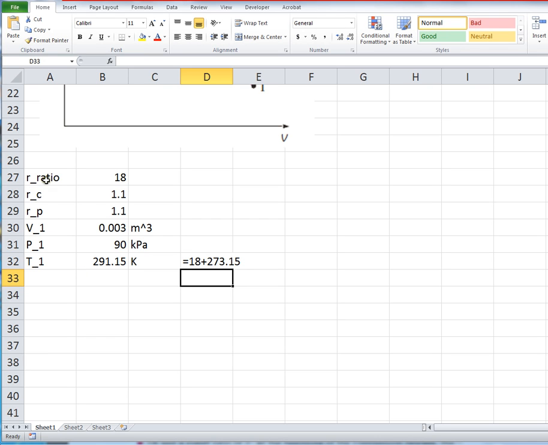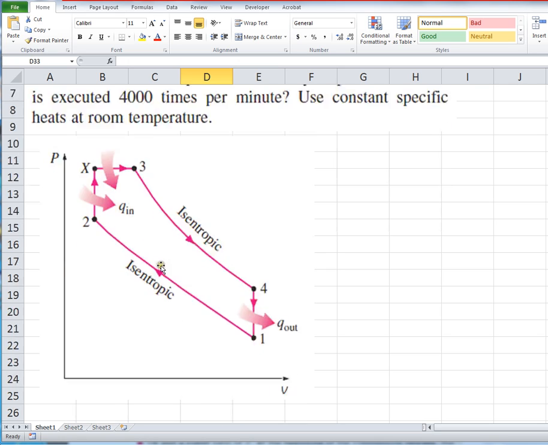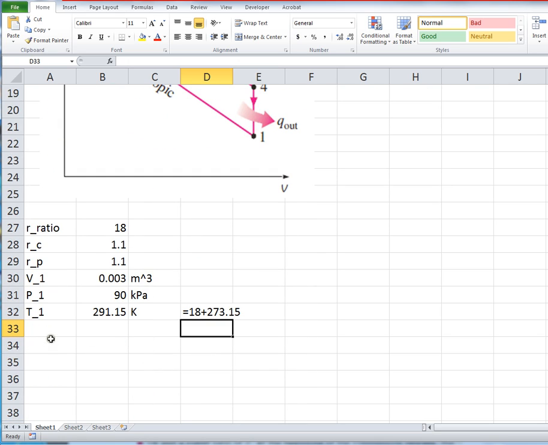Okay, so here's everything that we're given. He wants to know how much power it will produce when it's executed 4,000 times per minute. So I'm going to put here cycles per minute, 4,000. Okay, so that ought to take care of it.